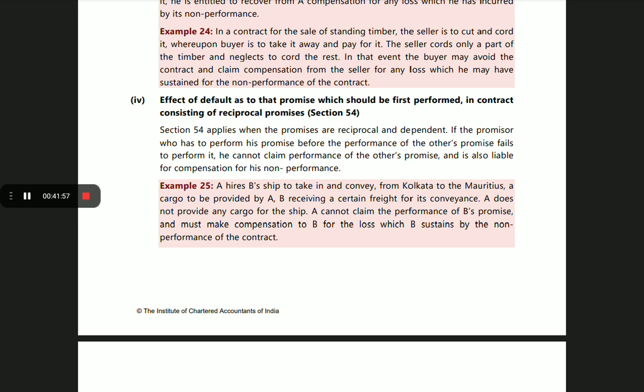A does not provide any cargo for the ship. A cannot claim the performance of B's promise and must make compensation to B for the loss which B sustains by the non-performance of the contract.